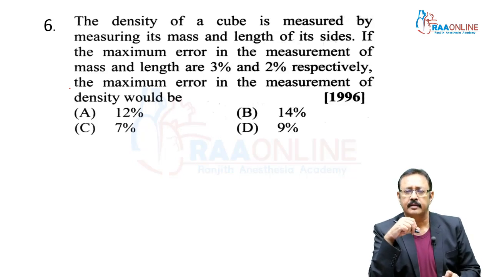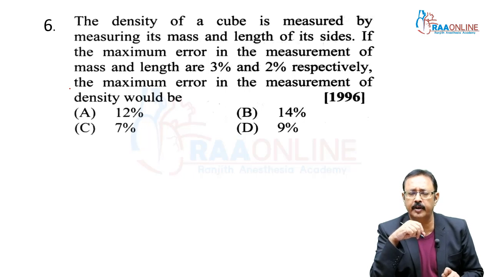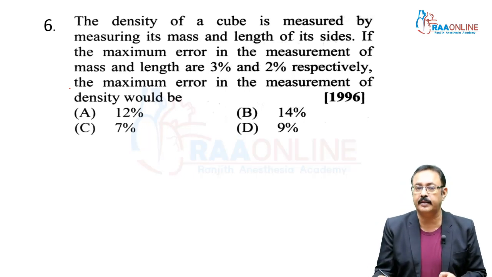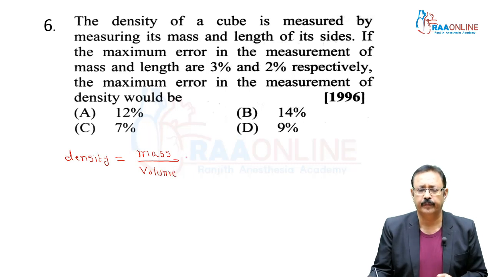Next, the density of a cube is measured by measuring the mass and length of its side. Maximum error in measurement of mass and length are given, not mass and volume, because in density, what is the formula for density? Mass upon volume.